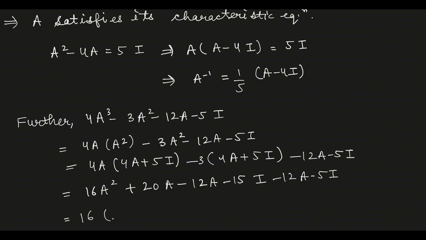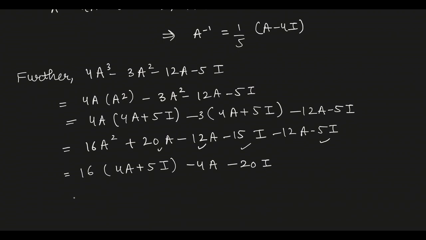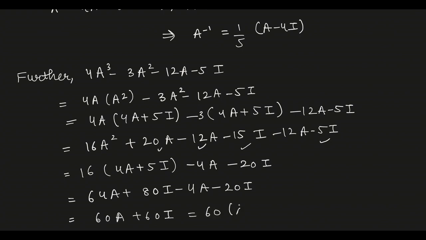Again I can replace A^2 as 4A + 5I, giving 64A + 80I - 4A - 20I - 28I... which is 60A + 60I, clearly linear in A.